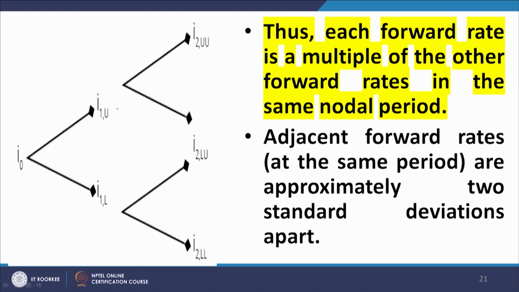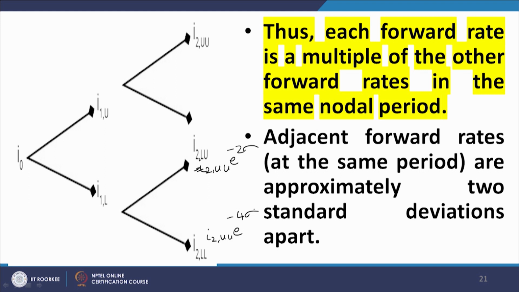As far as the nodes at t equal to 2 are concerned, in terms of I2uu, this will be equal to I2uu e to the power minus 2 sigma, and this will be equal to I2uu e to the power minus 4 sigma, and so on.